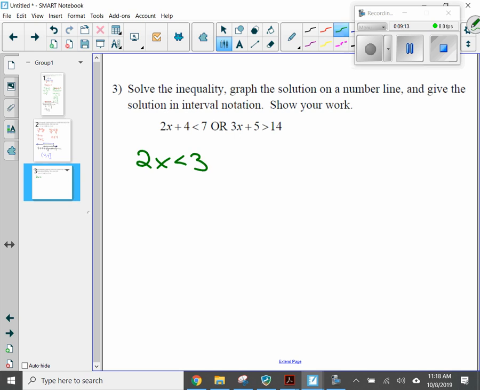Yeah, so x is less than 3/2. Or, see, if I subtract 5 from both sides, I get 3x is greater than 9. So x is greater than 3. Everybody still with me here? Okay.